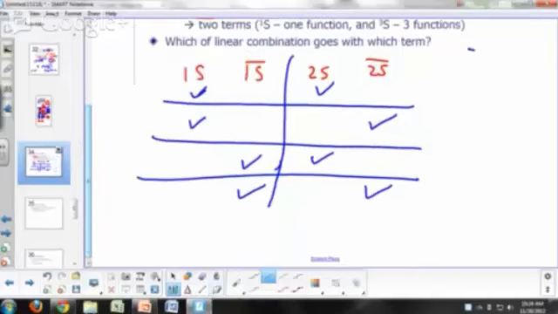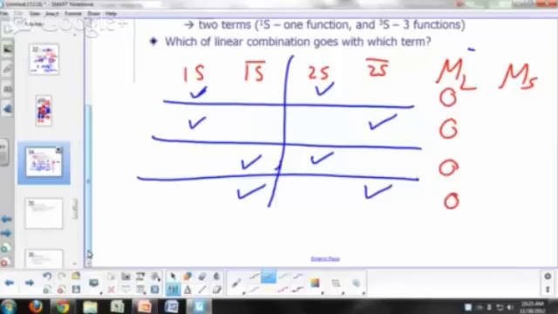What are the possible m sub l's and m sub s for this? For S orbitals, what's the quantum number L? 0. So m sub l can only be 0. What are your possible m sub s values?